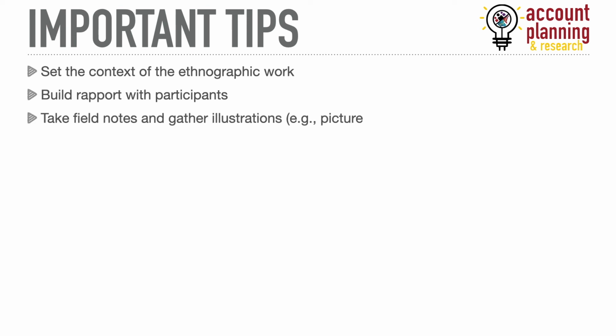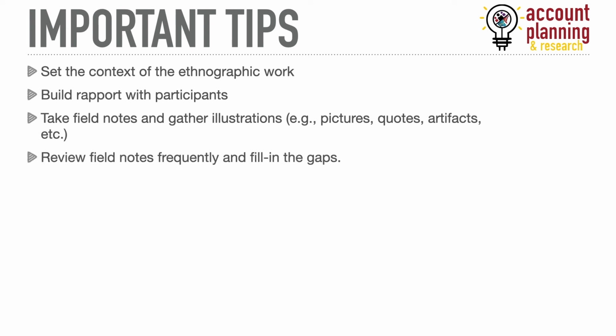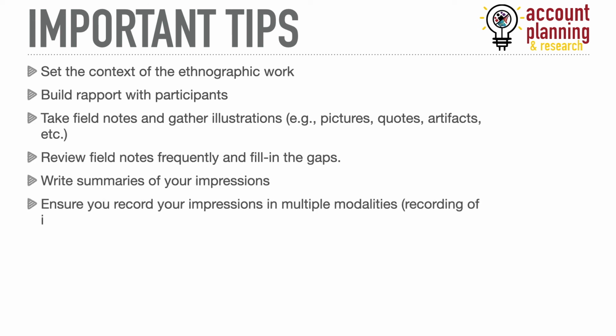Take field notes and gather information in different modalities: pictures, quotes, artifacts, etc. Review your field notes frequently and fill in any gaps that might be missing. Write summaries of your impressions right away after every data collection session. Ensure that you record your impressions in multiple formats, such as recordings of interviews, taking pictures, writing down field notes.